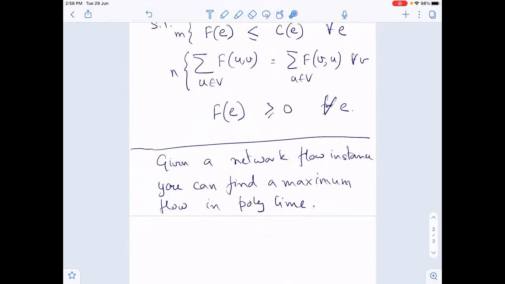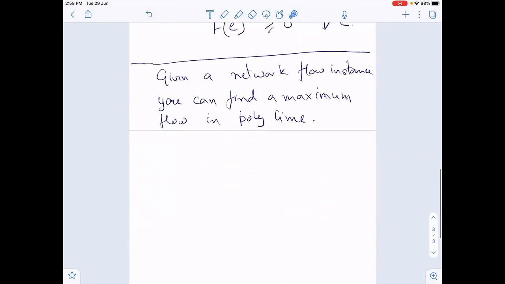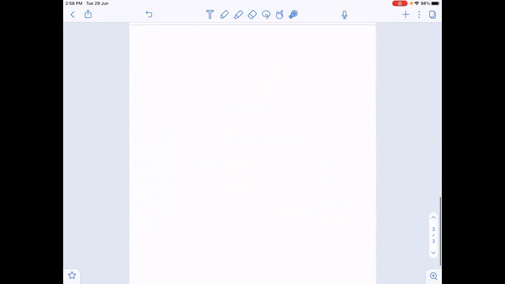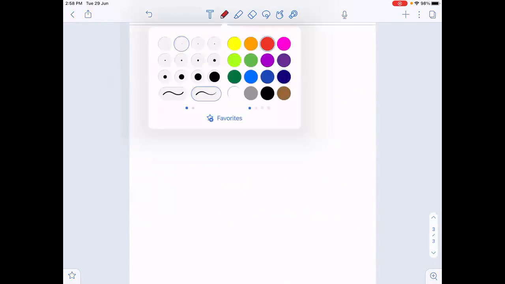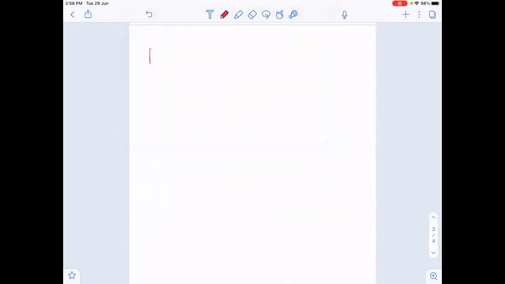So now, why are flows interesting or important? In the last class, we were looking at matchings. So what are matchings? If we think of them as a bipartite graph, G is a bipartite graph (A, B, E).